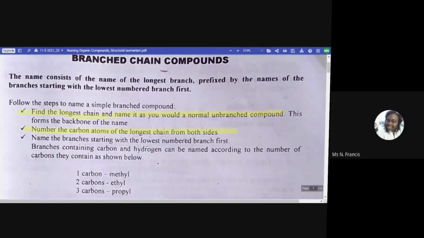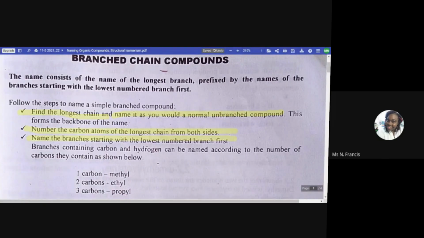But if you have the larger chains, you're going to find that if they put it in the middle, it's not so easy to locate where the shortest end is when I'm counting. So I would take this suggestion, which is to just number the carbons, going left and going right. Then, after you have numbered, you're going to name the branch starting with the lowest number first.